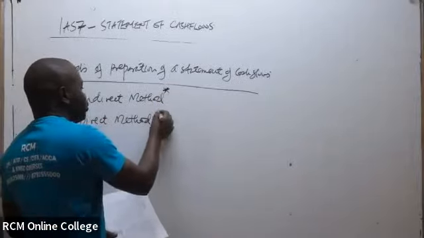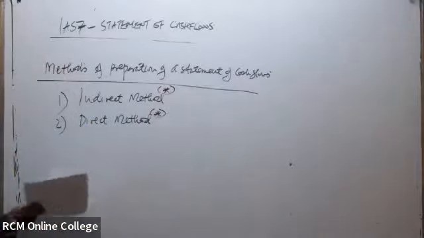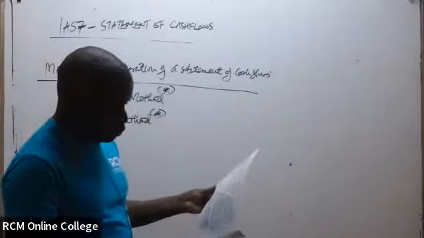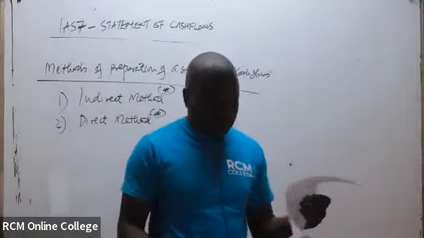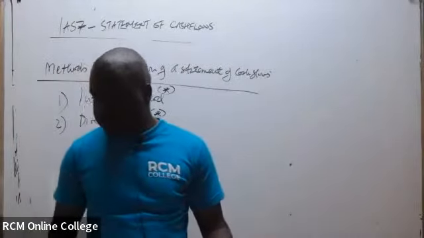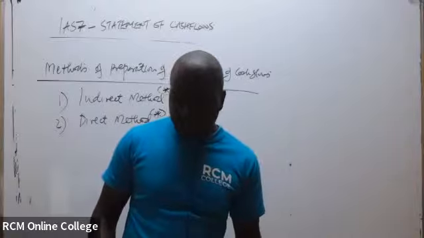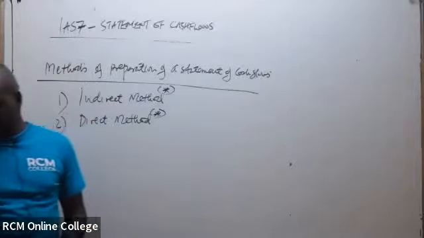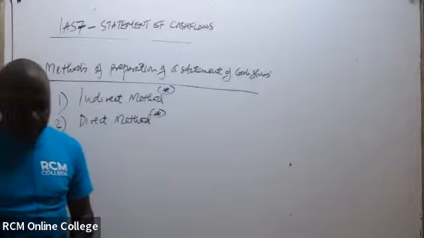Then I think we'll look at an illustration, how you can actually end up coming up with a statement of cash flows. Do you want me to give you an example of a statement of cash flows already?